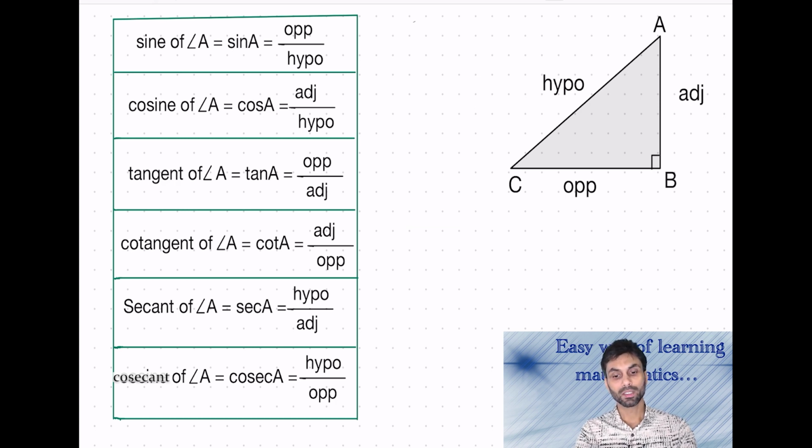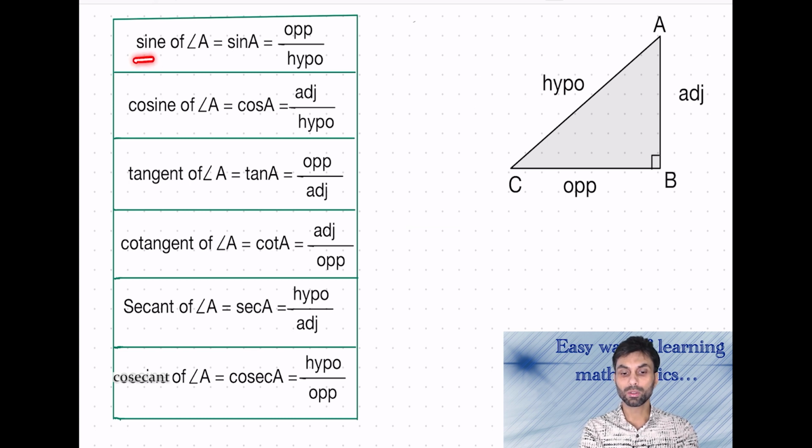Remember, these formulae are going to be fixed throughout. Based on what type of triangle you have, and with respect to what angle you are talking about, your opposite, adjacent and hypotenuse will change. The formula of these trigonometric ratios will remain the same.